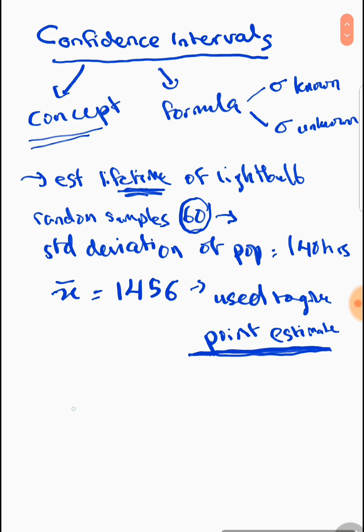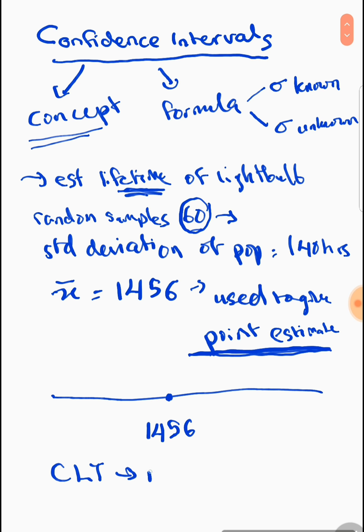So what do we know about confidence level here? This being our point estimate, which is my x bar, my sample mean, we can't just say that the average lifetime for the bulb is 1456. Usually it's better, using the central limit theorem, to use the interval estimate.